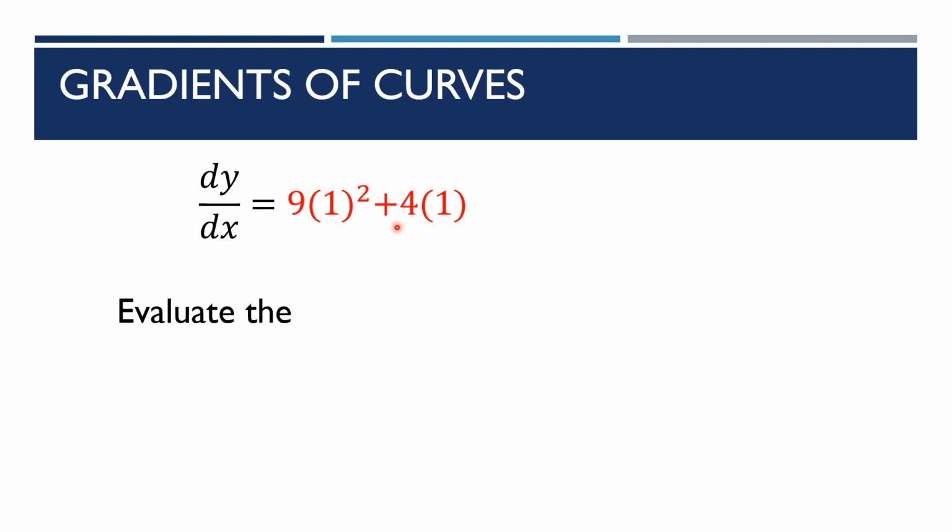Next, evaluate the expression shown in red: 9 multiplied by 1 squared plus 4 multiplied by 1. This is equivalent to 9 plus 4, and 9 plus 4 gives us 13 as indicated here.